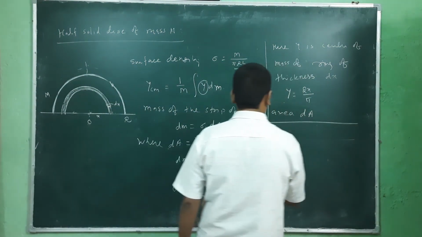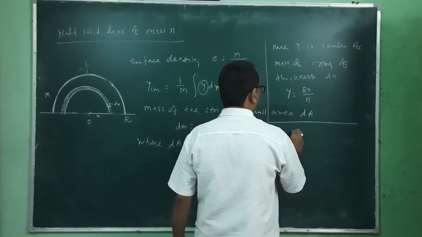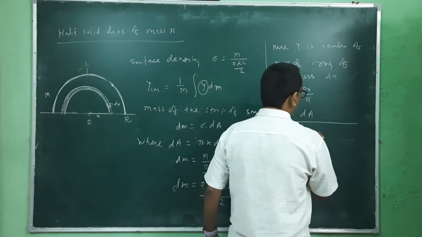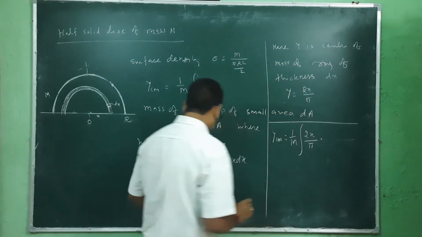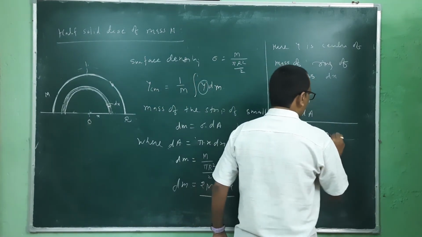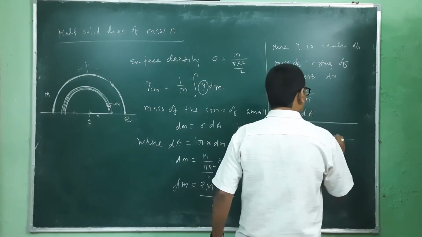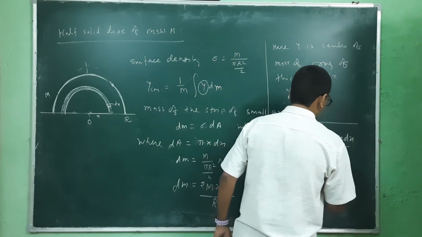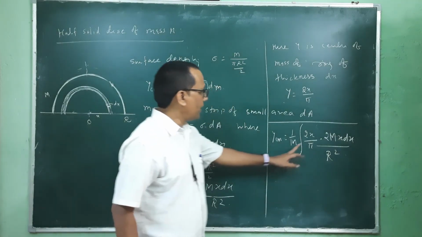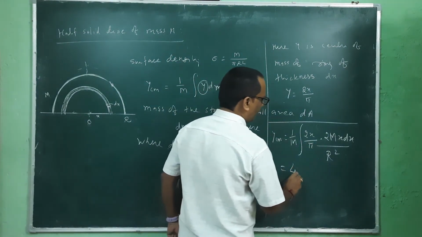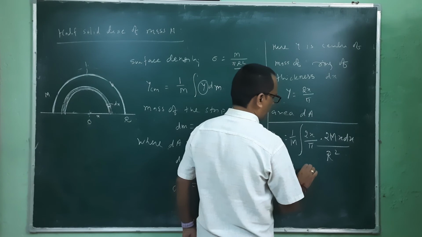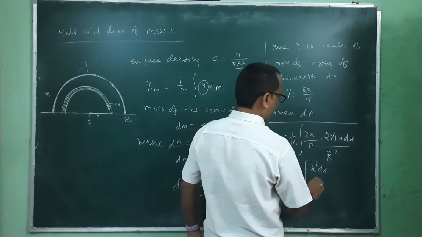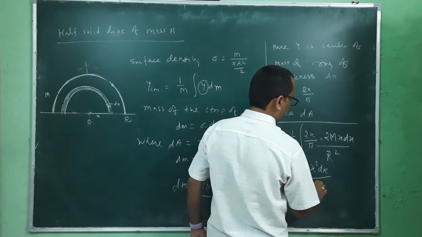So ycm is equivalent to 1 upon m, integration of y, which is 2x by pi, multiplied by 2m x dx by r square. So m will be cancelled, and this is 4 integration of x square dx by pi r square.